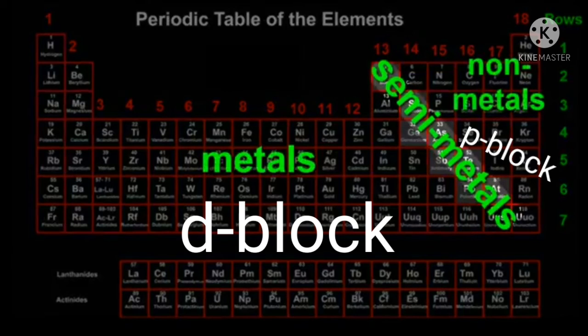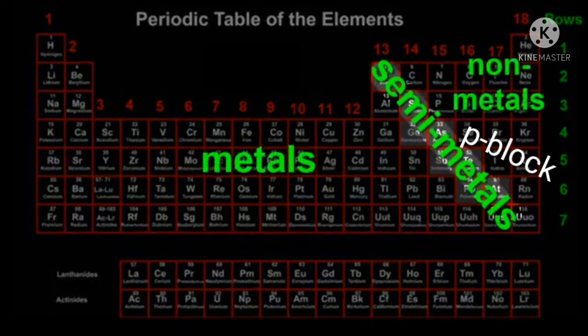The elements present on this line are the metalloids, which contain the properties of both metals and non-metals. The elements at the left side of this line are metals, and the elements at the right side of this line are non-metals.